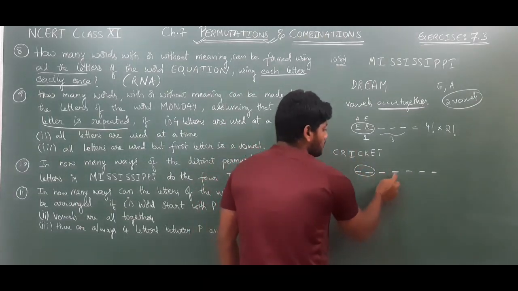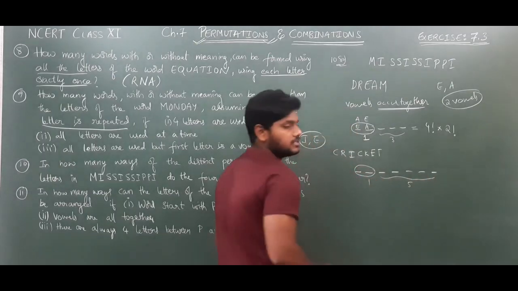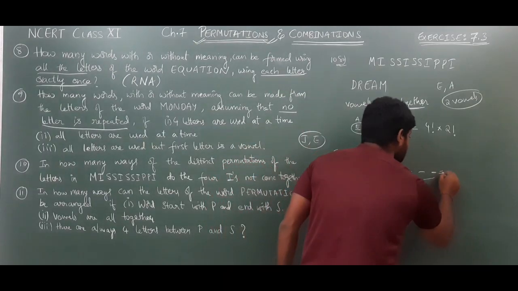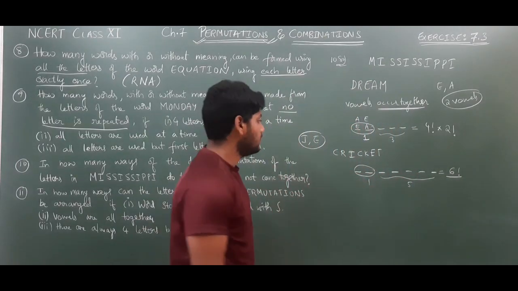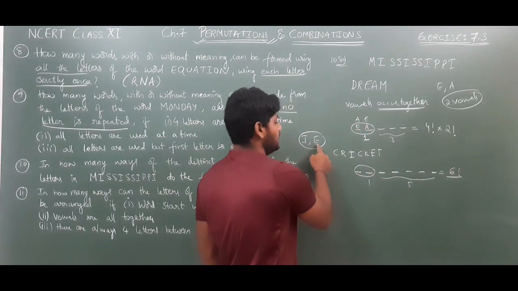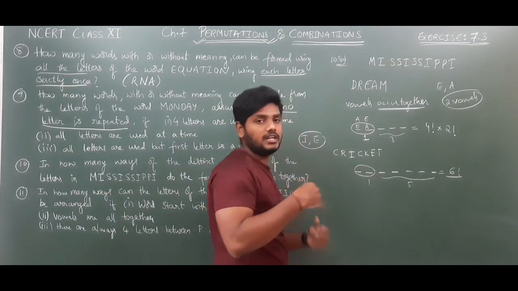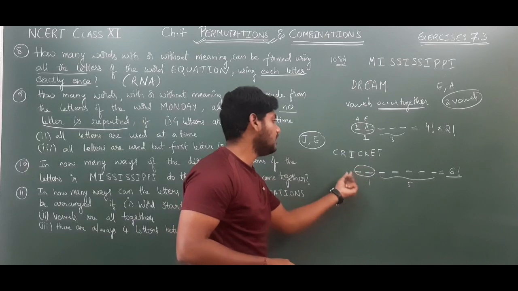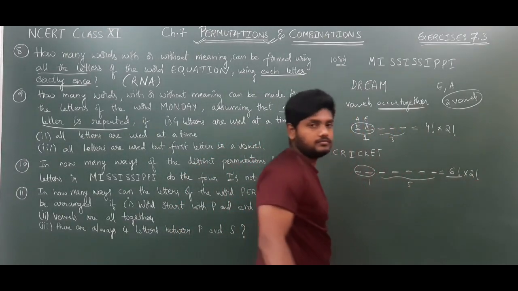Next, 1, 2, 3, 4, 5. These are 5 places. This is 1 place. So the total number of places is 6. So it will be 6 factorial, multiplied by, here how many do we have? I and E. So it can be written as IE or EI. So different types of permutations, right? IE or EI. So into 2 factorial, right?